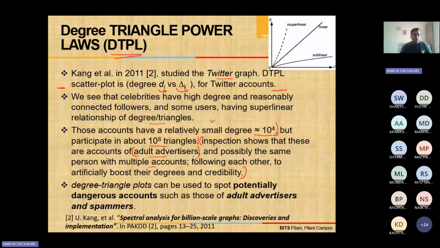You can also check this if you have calling data. Calling data means the telecom network, who calls whom. Now, usually how many calls do you make? 10, 15, not more than that, and that is true for most of us.